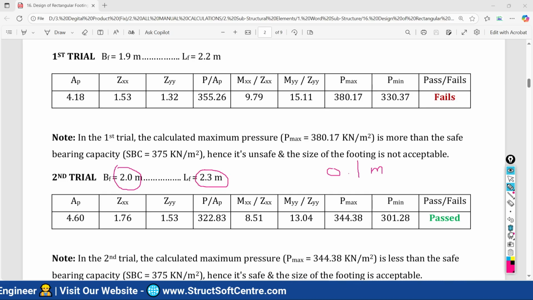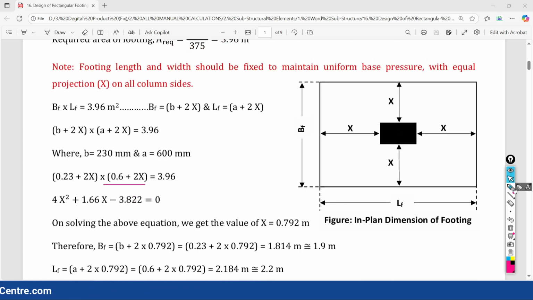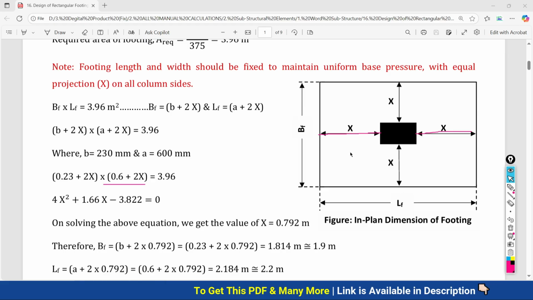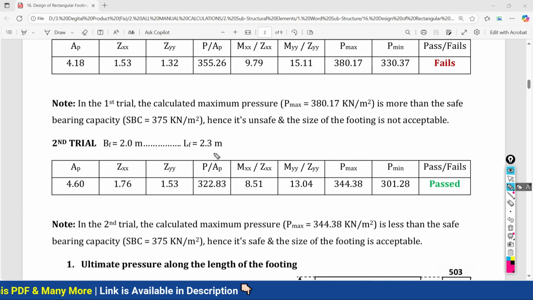So in an equal proportion we are trying to increase it, because remember, we have to maintain the equal projection from the column up to the edge of the footing in all directions as much as possible. It will not always be possible to get the same value, but you should try to keep it the same as much as possible. Okay, so 2 and 2.3 meter we are going to take.